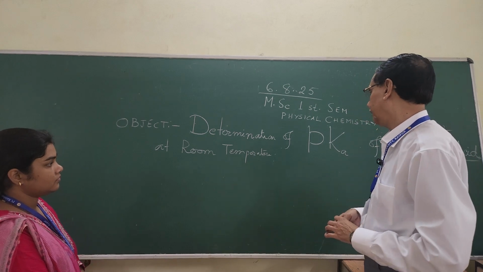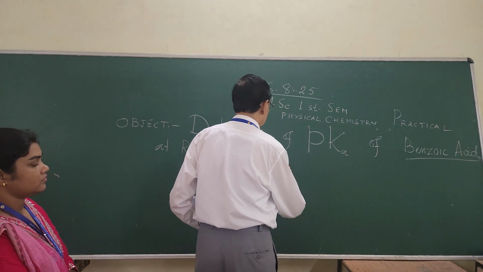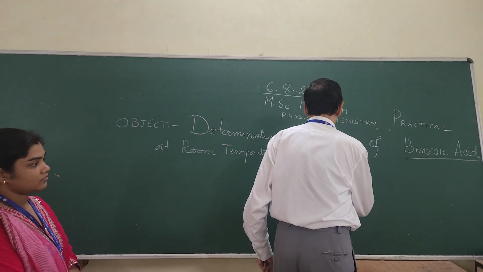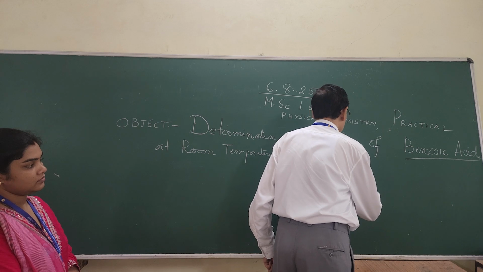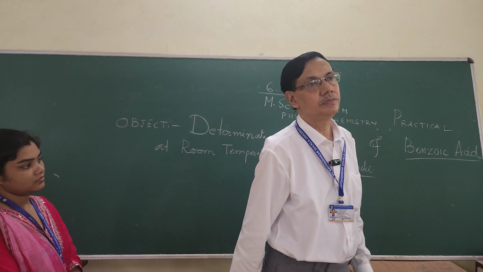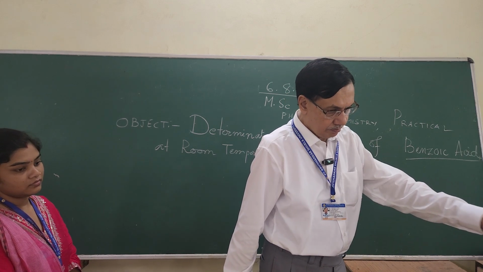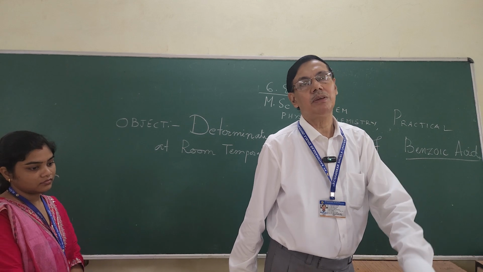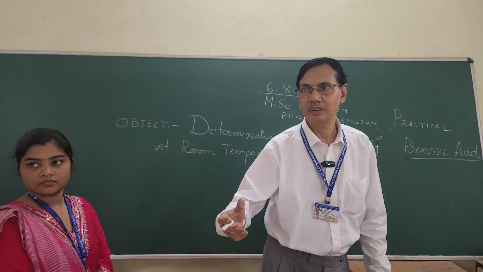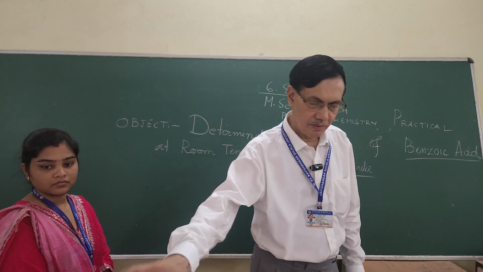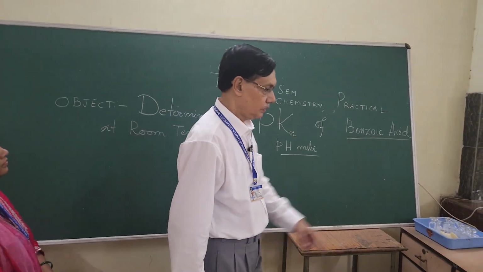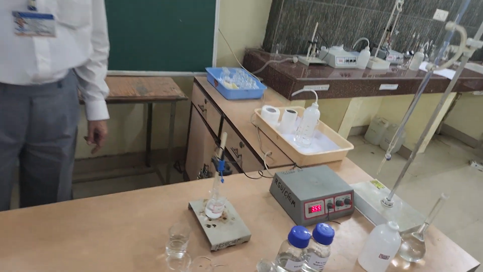There are 2 parts. Because we are using a pH meter, a very simple pH meter is enough, and before starting the experiment we need a pH meter, and it is a simple titration.